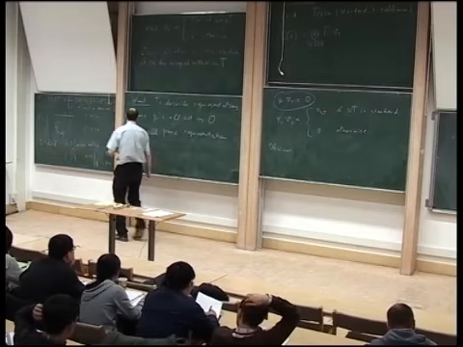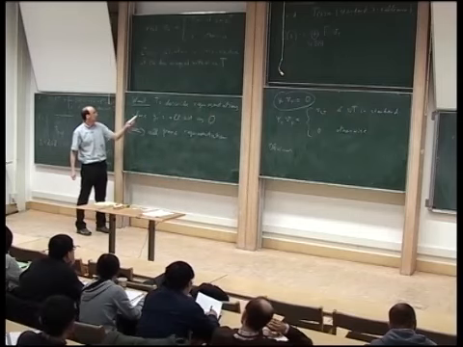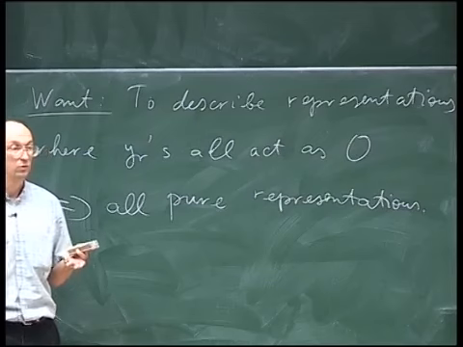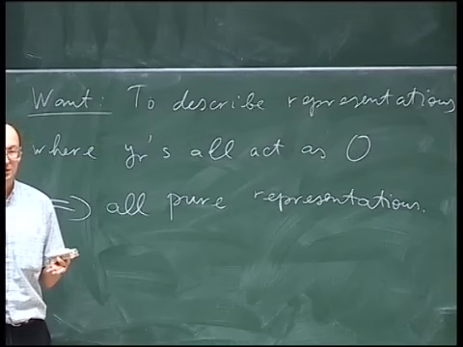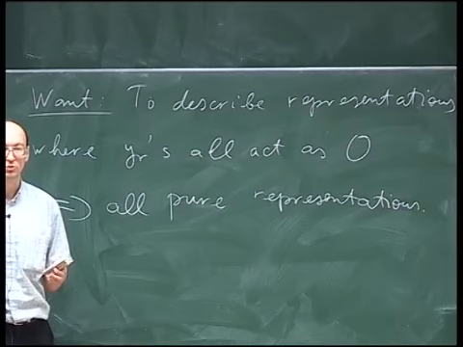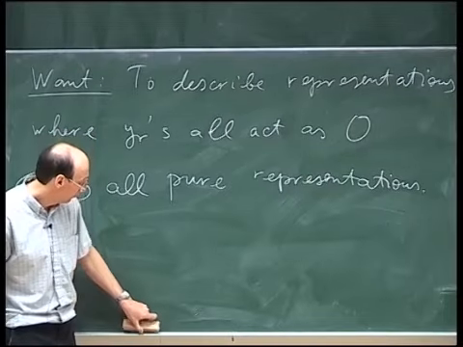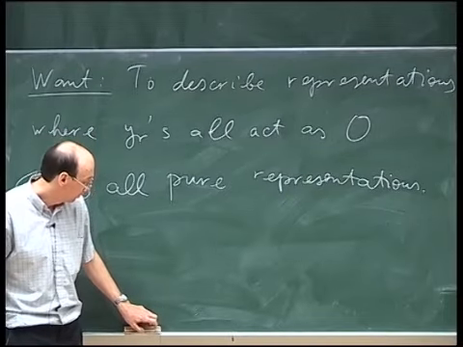Okay. Now I said describe representations where YRs act as 0, or all pure representations, but representations of what? For what can you do it? And I said that the smoothest way to do it is just to do it for the affine case. But in fact, I want to do it for affine Havana-Flauder-Hecke algebras.